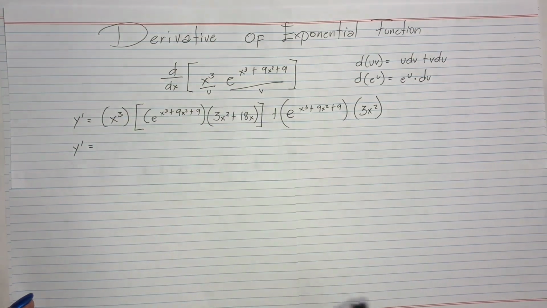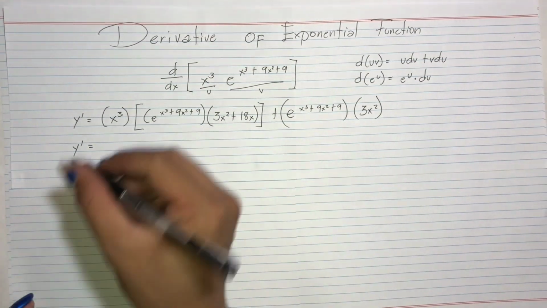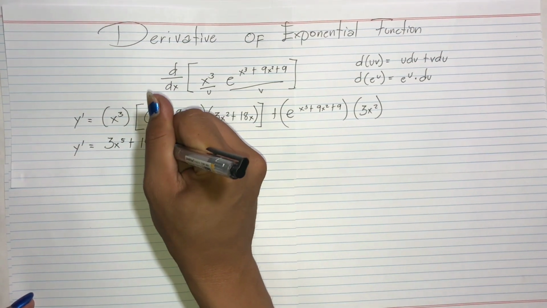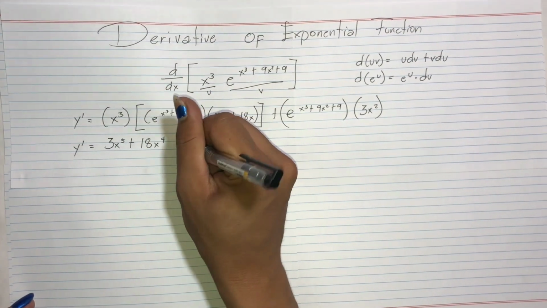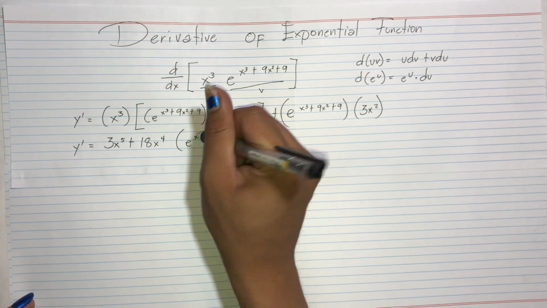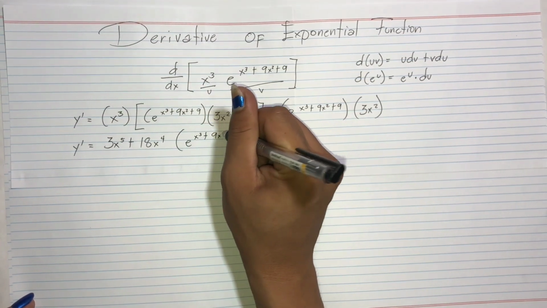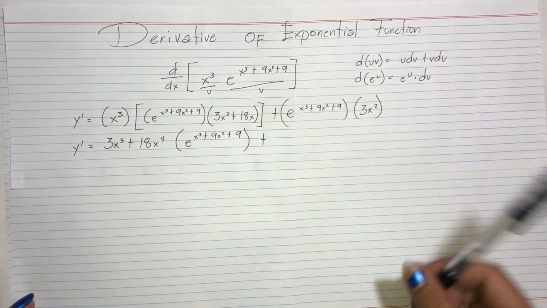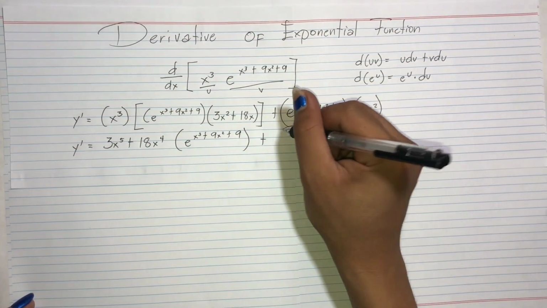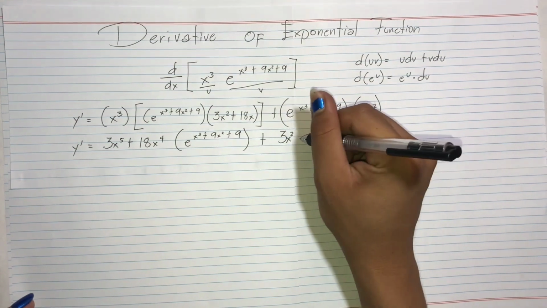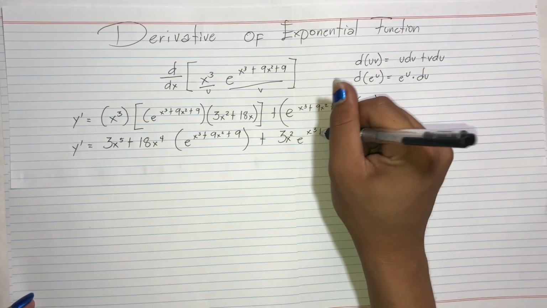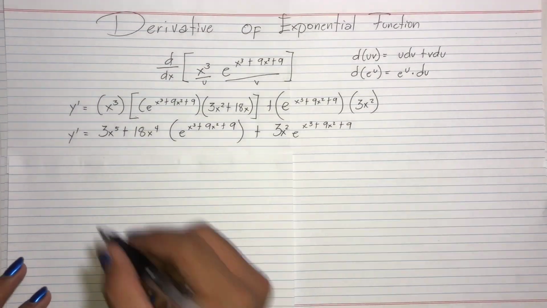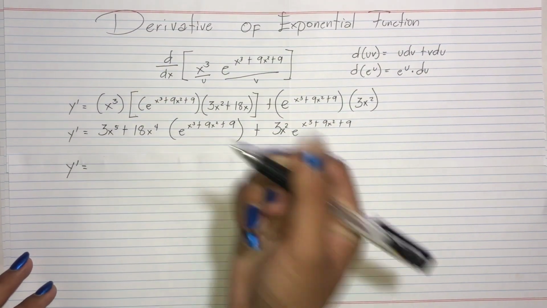y prime is equal to, let's multiply x cubed, this is 3x to the 5th plus 18x raised to the 4th, times e raised to x cubed plus 9x squared plus 9, plus multiply this, that is 3x squared times e raised to x cubed plus 9x squared plus 9.